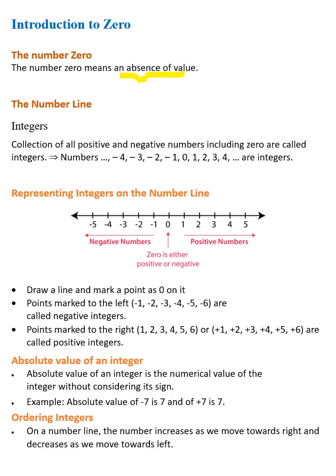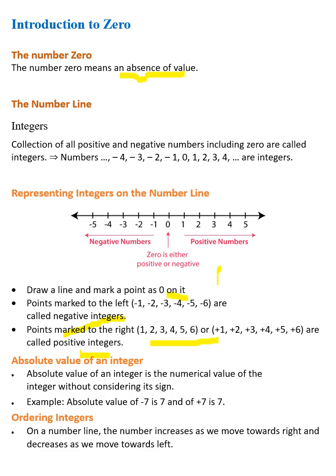You can draw a line and mark a point 0 on it, and the points marked to the left-hand side will be minus 1, minus 2, minus 3, minus 4, minus 5 and so on. You can write it as you wish. Those are negative integers, and the points marked to the right-hand side are the positive integers. Here you will be able to draw a proper number line.